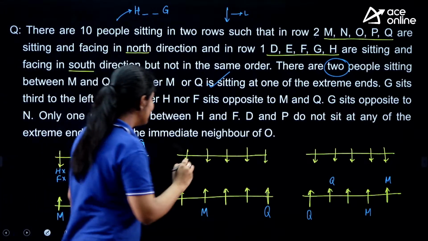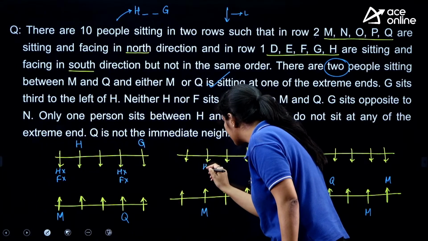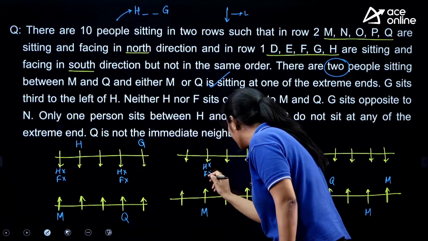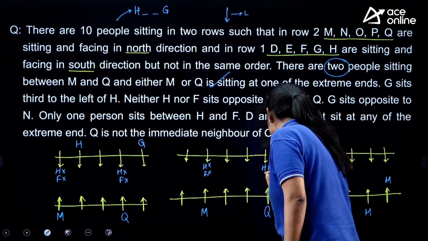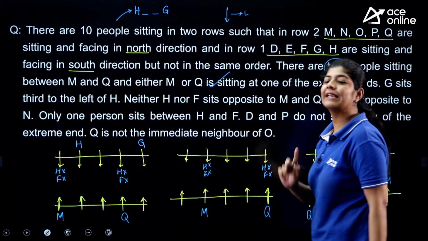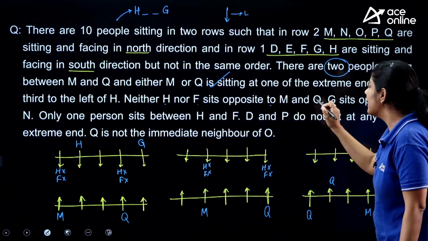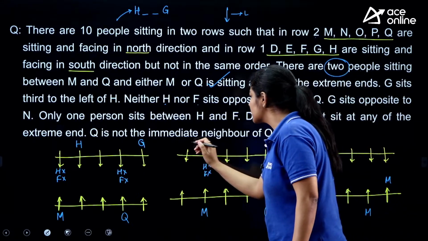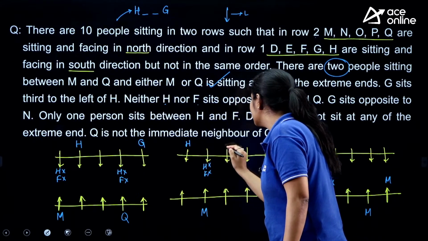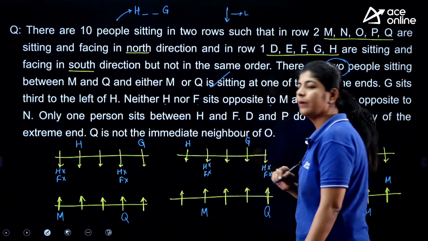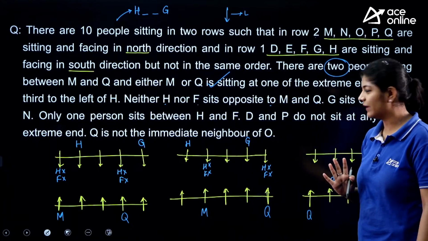Similarly, here we can't put H or F, as it is clearly mentioned that neither H nor F sits opposite to M and Q. So if I put H over here, then third left G is placed over here. This is the only possibility we have.